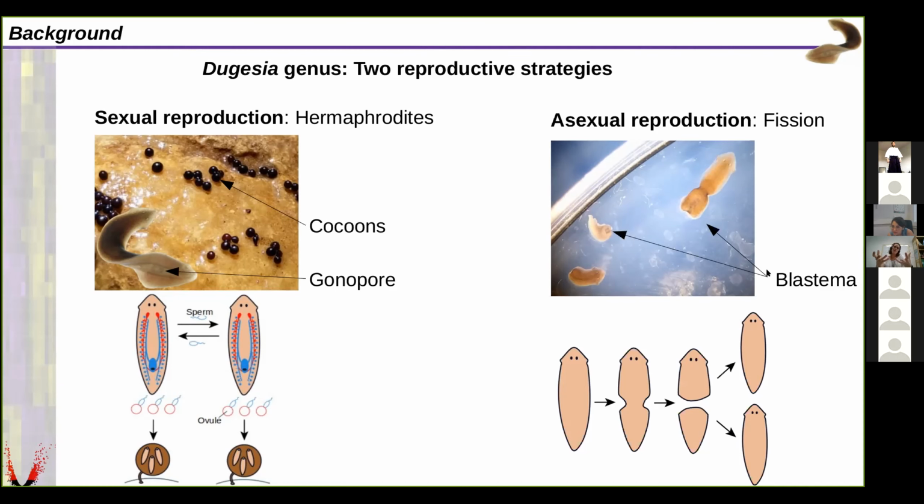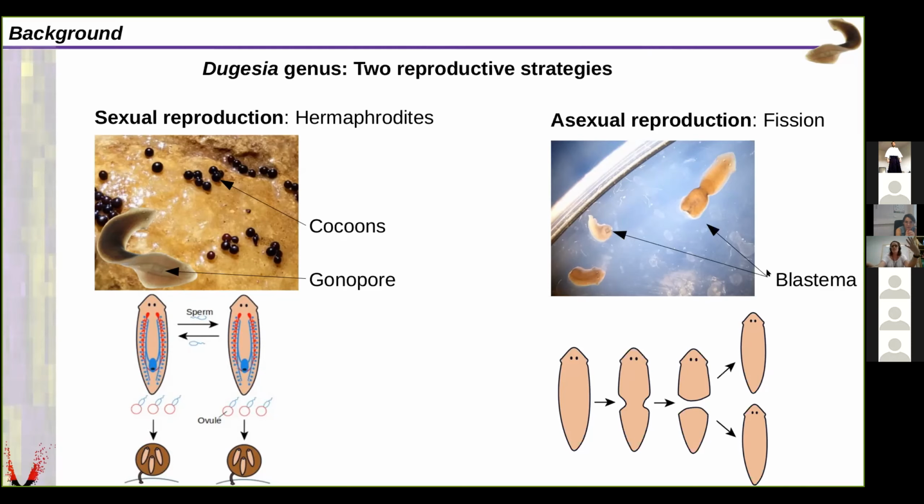The combination of both strategies varies between species. Some are exclusively fissiparous or exclusively sexual, and others can show fissiparous populations or sexual populations, and we can even find sexual individuals and fissiparous individuals in the same locality.